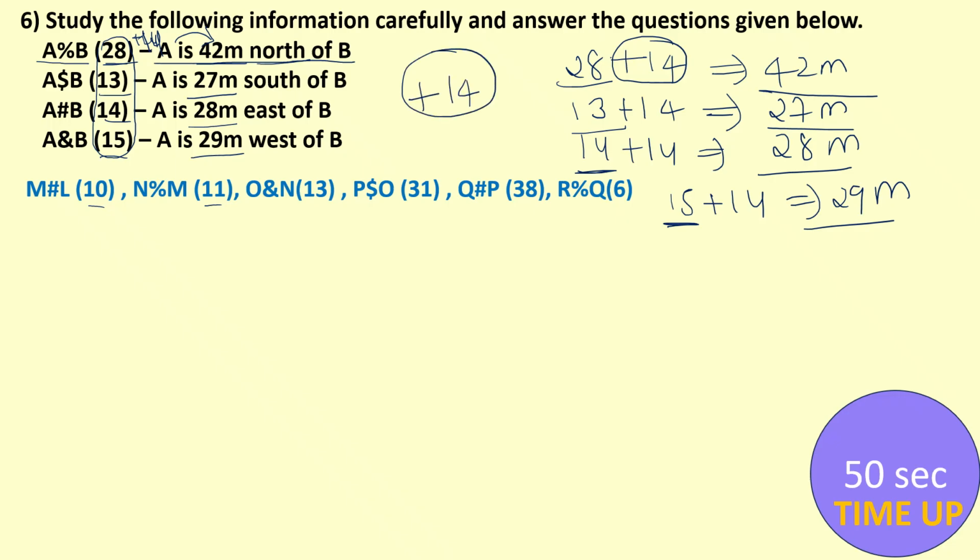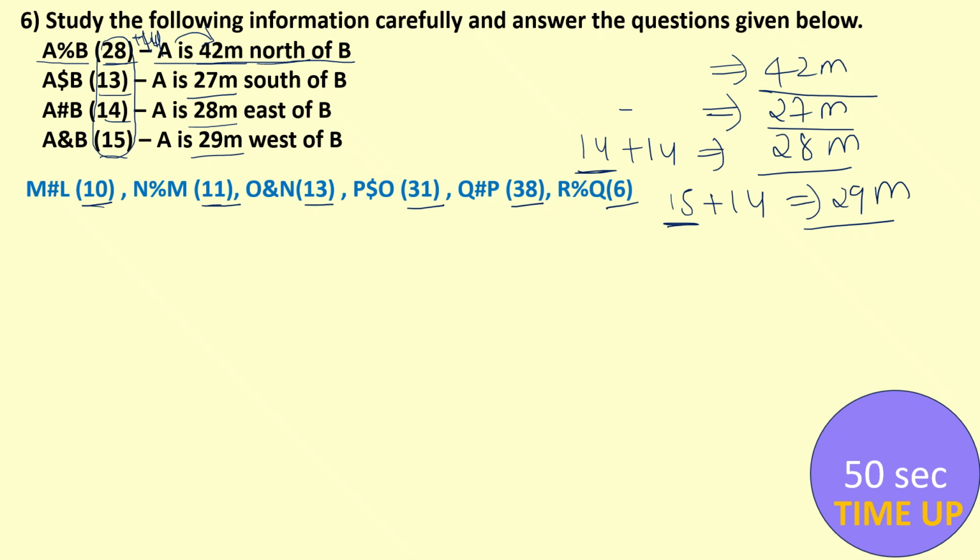That is the logic. So here also, wherever you see the numbers, you need to add plus 14, and that distance you need to use to draw the diagram. So that is what the logic was.